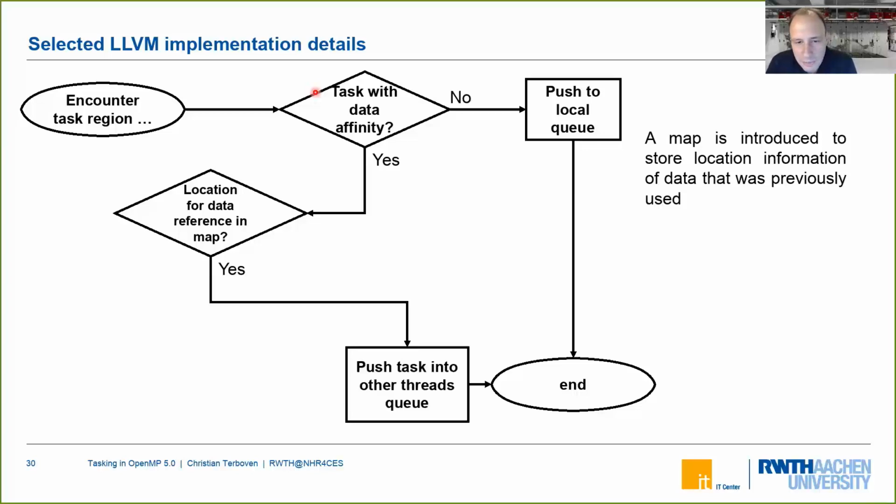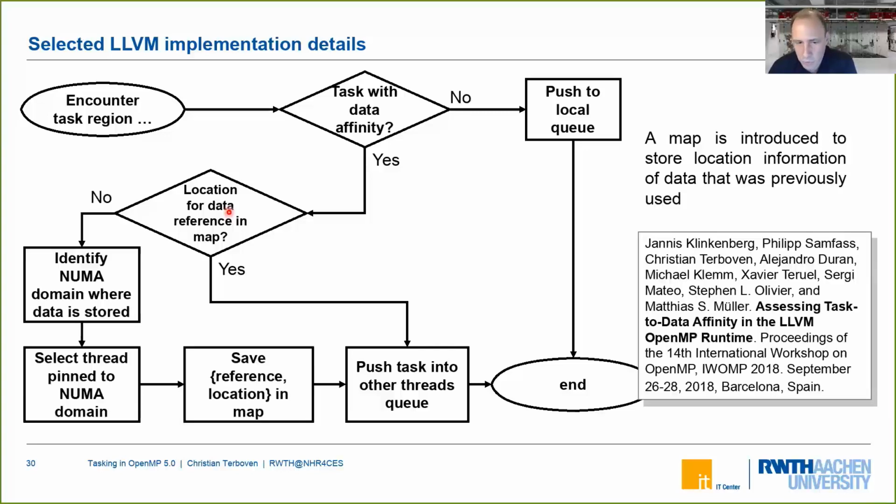This is why the runtimes usually implement something like a map of those references, so that if for a certain variable it has been figured out where it's located, this will be stored. Then the idea is to put the task into the queue of the other threads. So stealing is still avoided, but it's a better initial distribution.